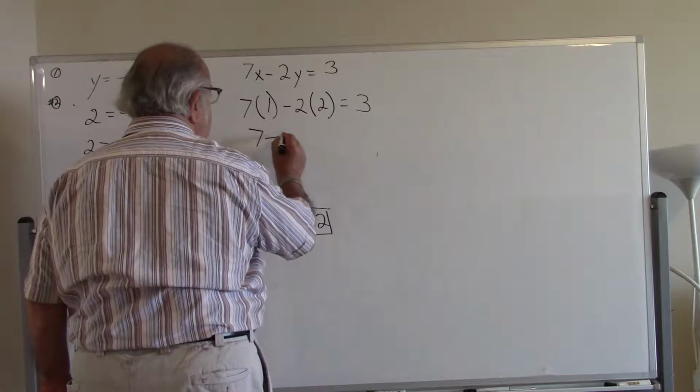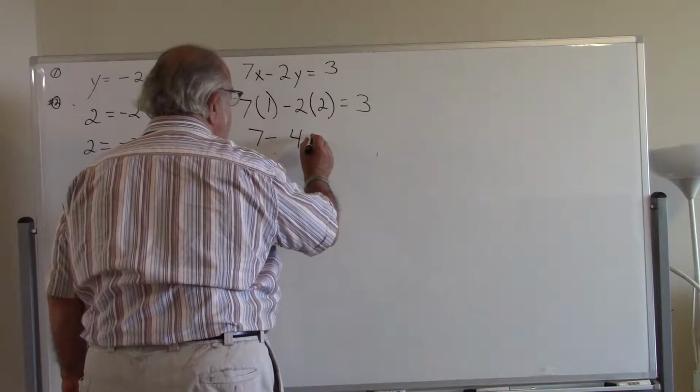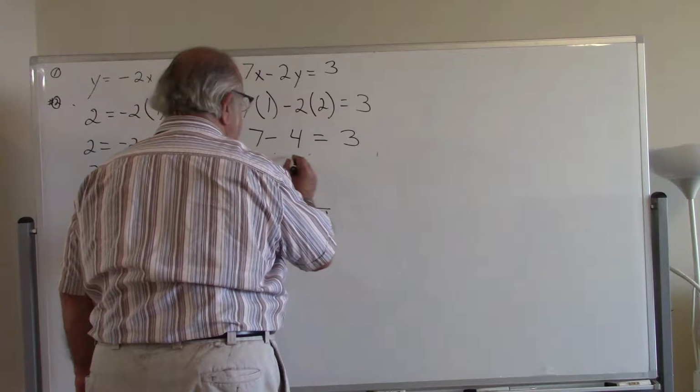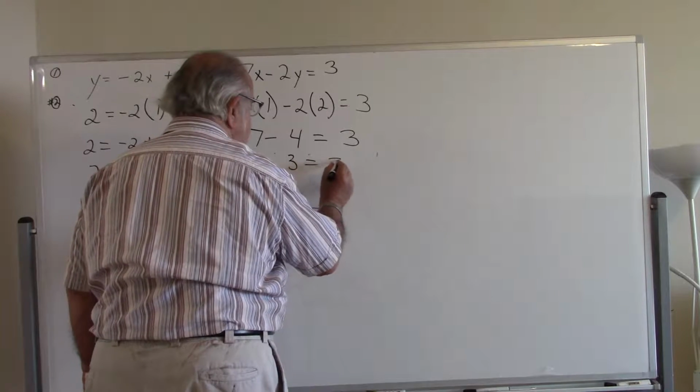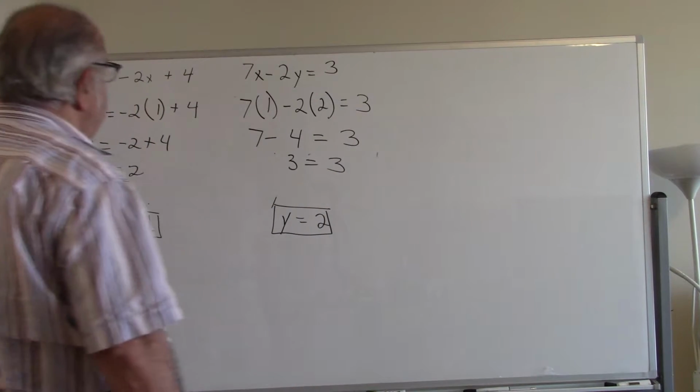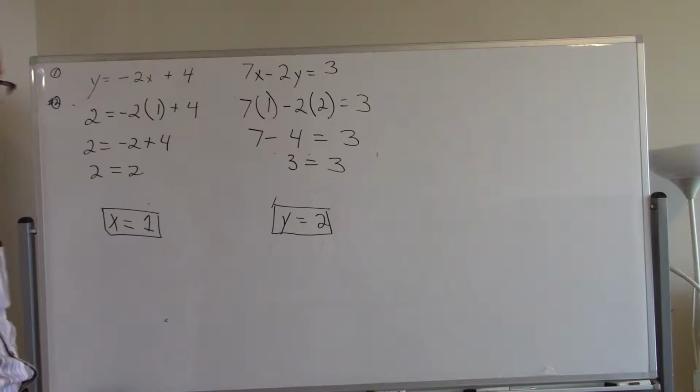Beautiful. 7 minus 4 equals 3. 3 equals 3. Therefore, it checked out.